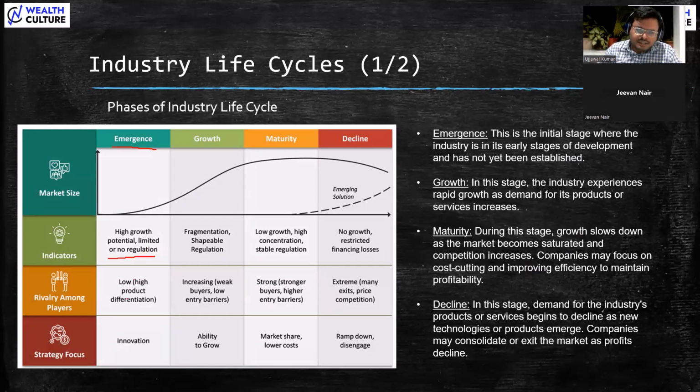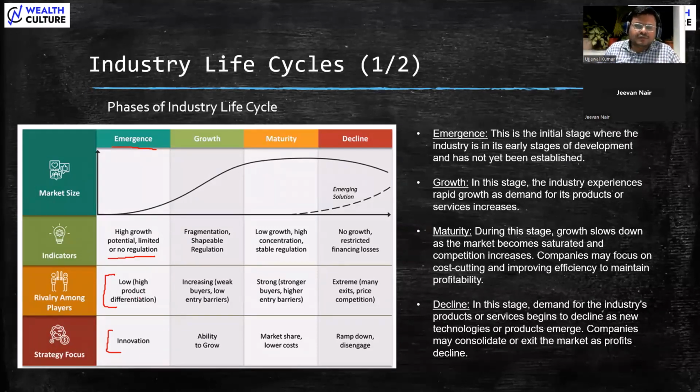It's the initial stages, it's all about innovation. So it's a new way of doing business, maybe a new product, maybe a new scientific development, whatever. But basically, innovation is driving a lot of the product development, and it could be a new solution or a service or whatever. And it is at the very early stages, and there is very limited rivalry.